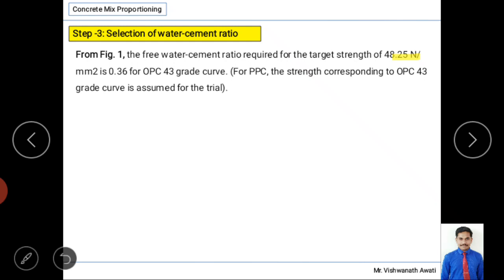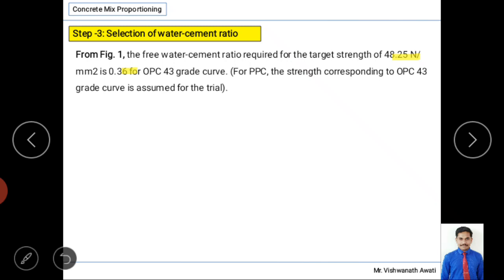For 48.25 we have to find what the water cement ratio is. From the figure they got 0.36 for the OPC 43 grade curve, but we are assuming the same for PPC, right? The strength corresponding to the OPC 43 grade curve is assumed for the trial, right?